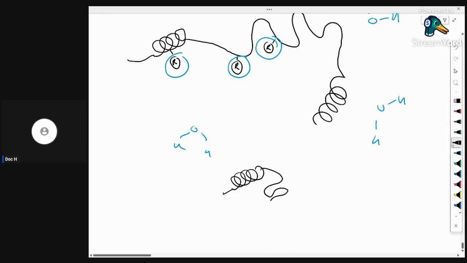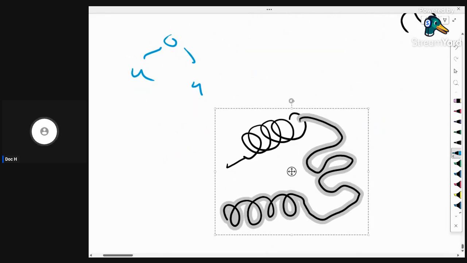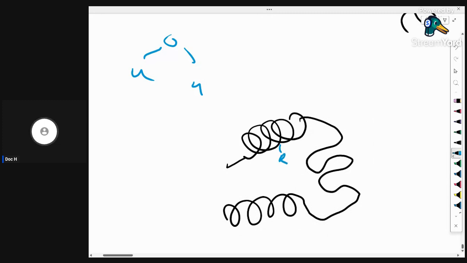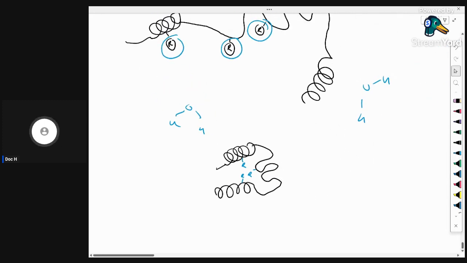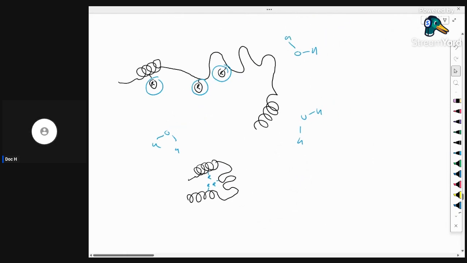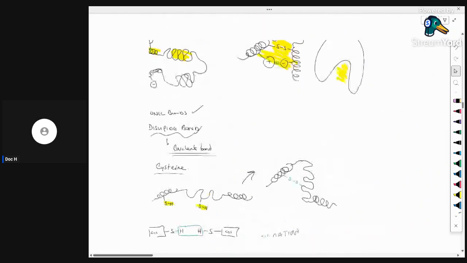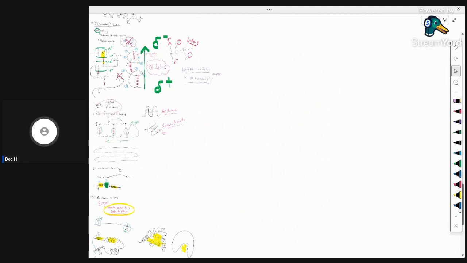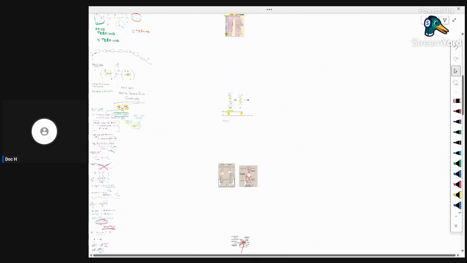I'll show that like that, where those R groups are going to cluster and interact with each other very closely in the inside of the protein and try and get as far away from water as possible. So don't worry too much about that one, but just be aware that it's a thing.